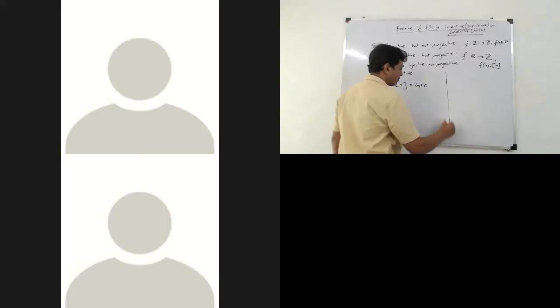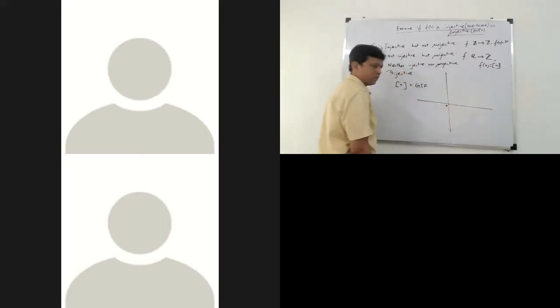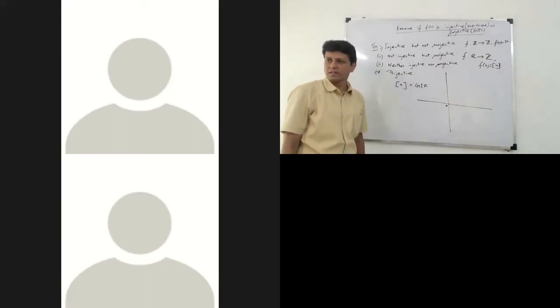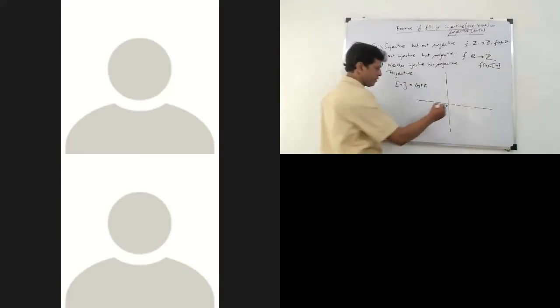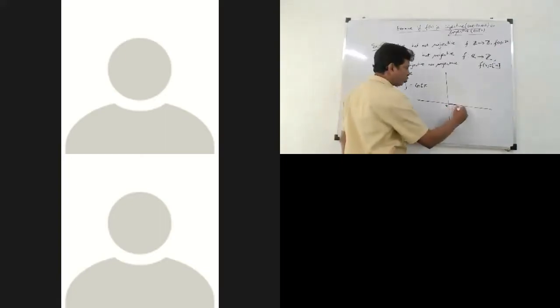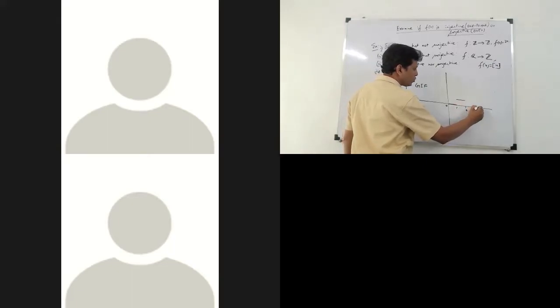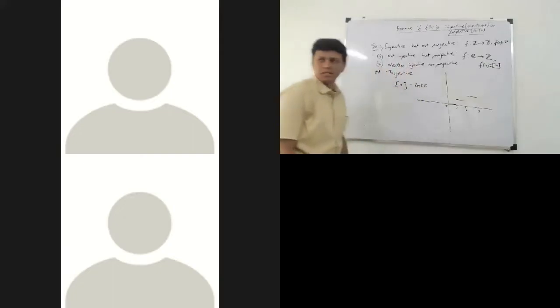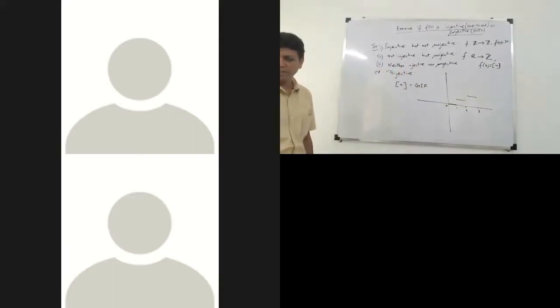What is the graph? 0 to 1, what is the box? 0. Right? 1 to 2, it is 1. 2 to 3, and so on. It's just like a step function.